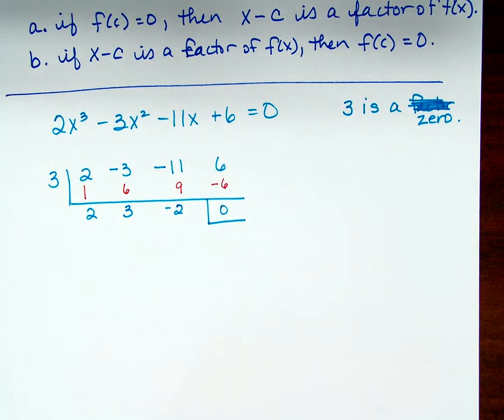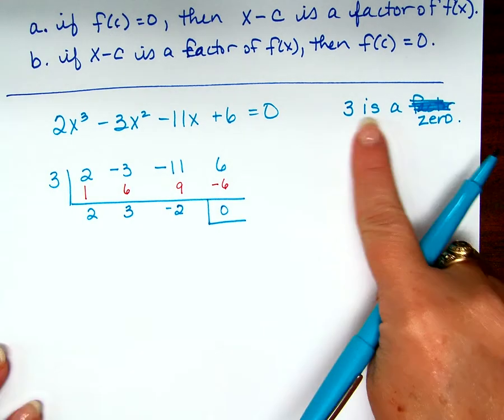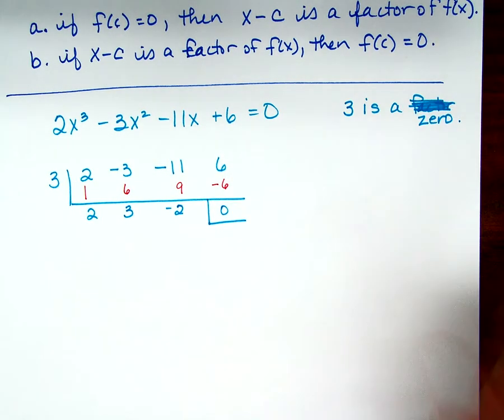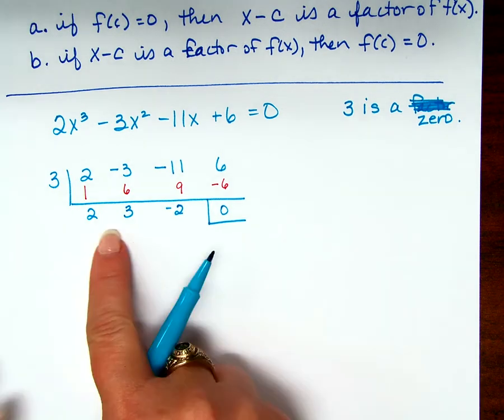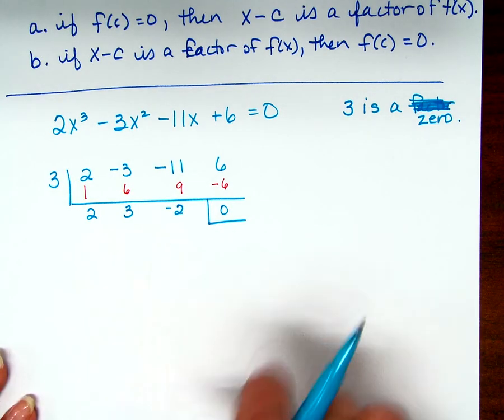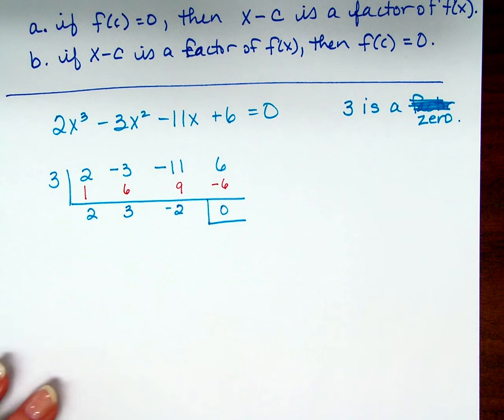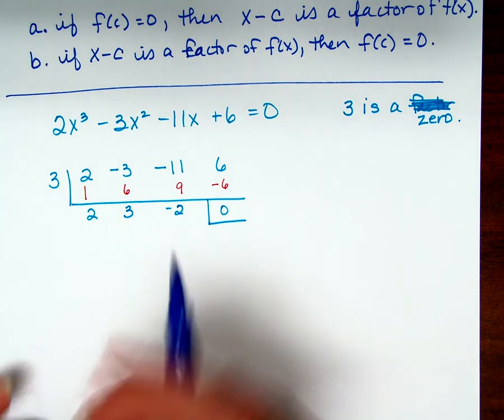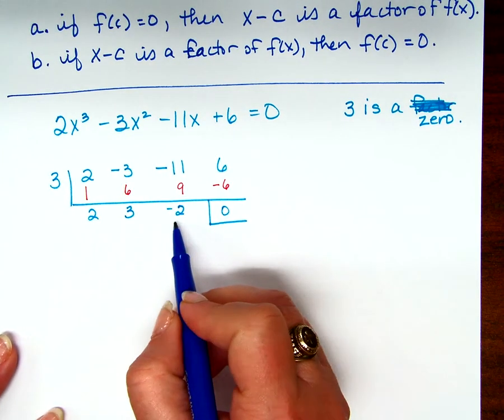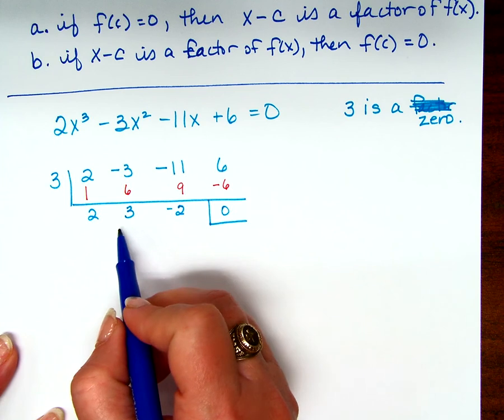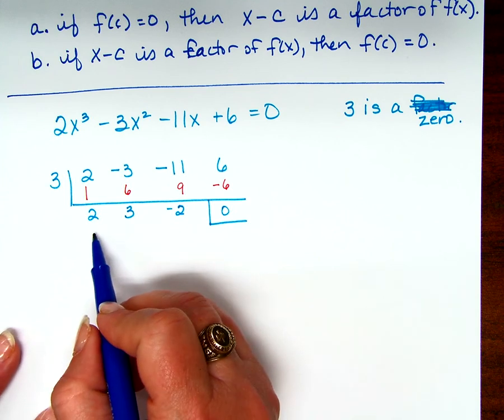But I already knew that was going to happen, right? We all knew that was going to happen because it told us it's a 0, so we're good. Yeah? Okay. Well, what does that leave us right here? If that's the remainder, this is the constant, this is the x, and this is the x squared.